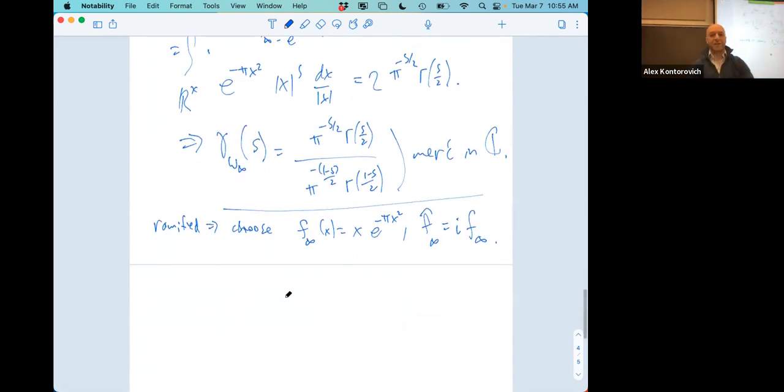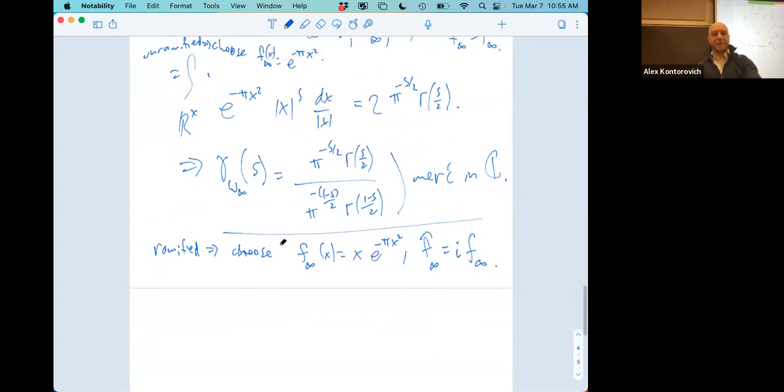Okay, and what does the integral come out to? So then Z_p is again the integral over R cross. I have the character, which is sign of x. I have the test vector x e to the minus pi x squared. Now x times sign of x is the definition of the absolute value of x.